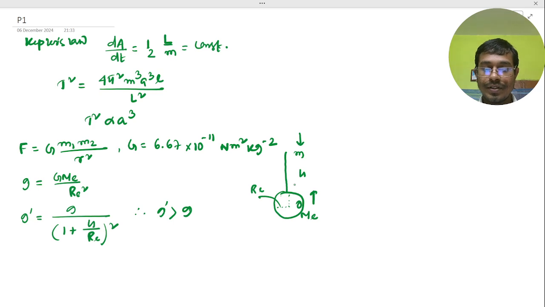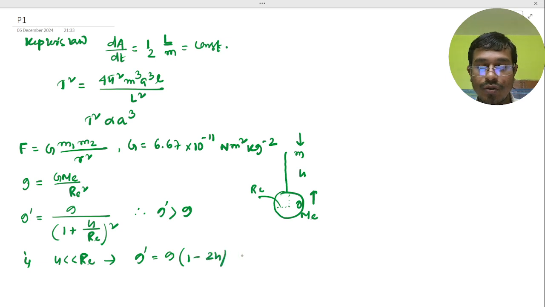Next, if h is much less than Re, then the formula reduces to g' equals g into (1 minus 2h by Re).